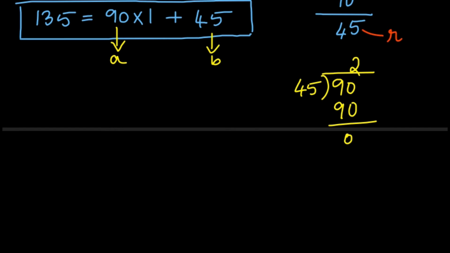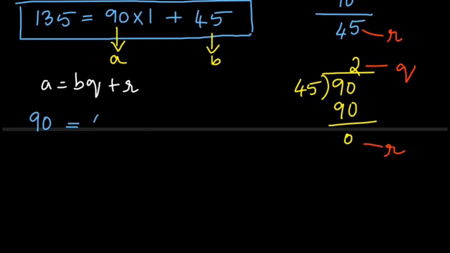Therefore, this is our quotient and this is the remainder. Writing in the form A equals bq plus r, we get 90 equals 45 multiplied by q is 2 plus r is 0. We need to do this until we get r as 0.